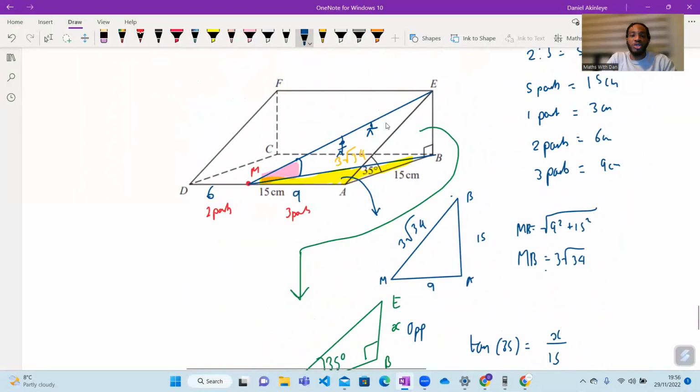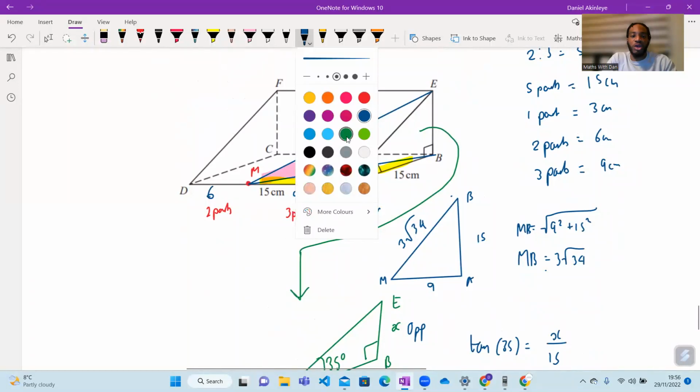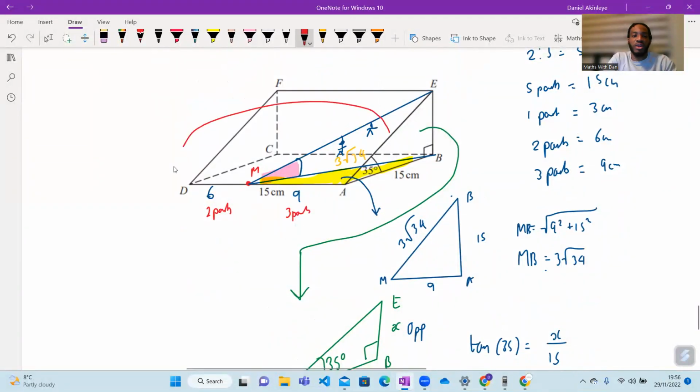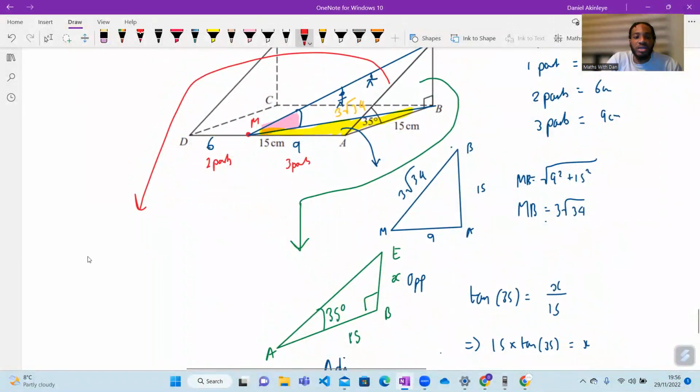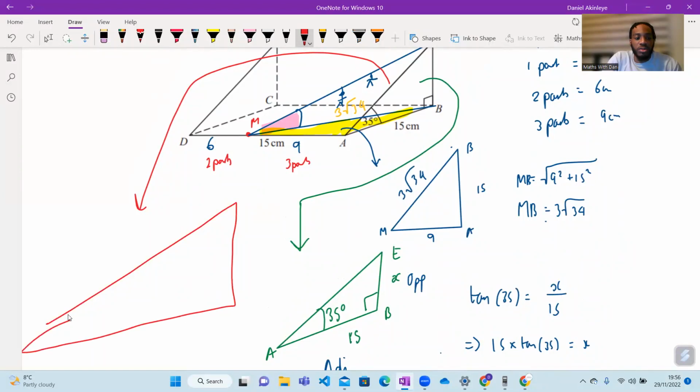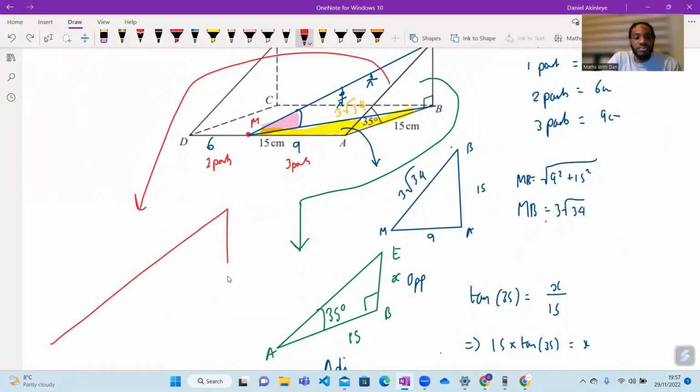Now I'm going to draw this triangle out. This is the main triangle. Maybe red, so it contrasts. The final triangle will look like this. Right angle here, and this angle is the one we're trying to find.